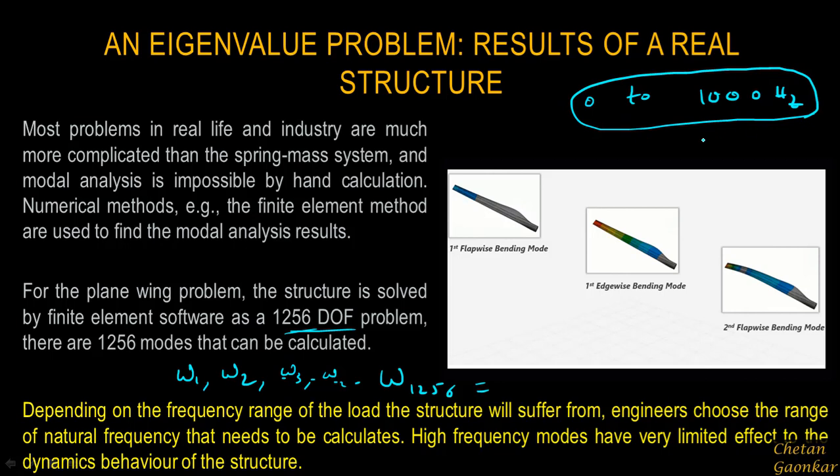In that case, whatever modal frequencies lie within this range, we can extract only those many natural frequencies, and we'll be interested to look at only those many mode shapes. Nobody will be interested to look at all the 1256 natural frequencies and its mode shapes.